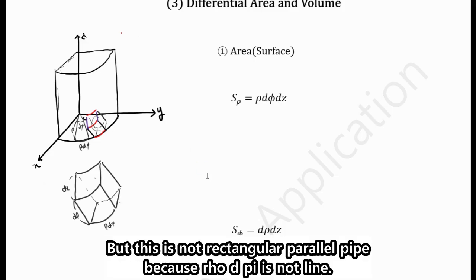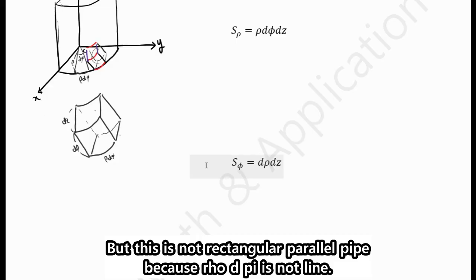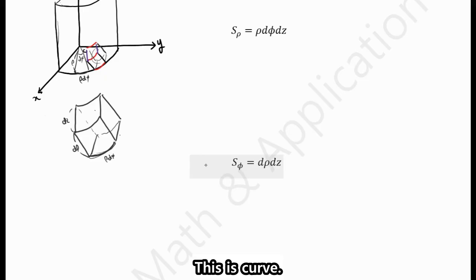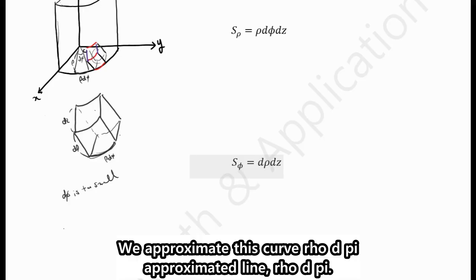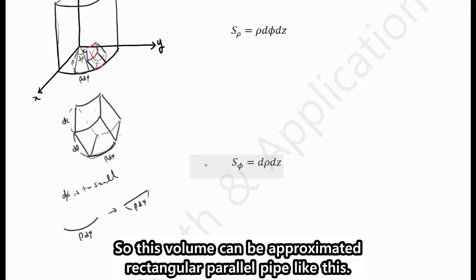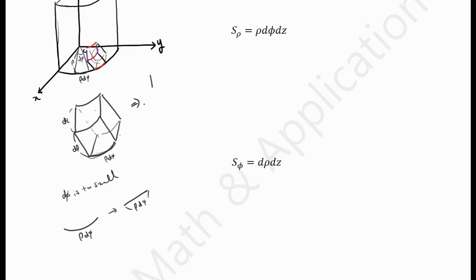But this is not a rectangular parallelepiped, because rho d phi is not a line. This is a curve, but d phi is too small, so we approximate this curve rho d phi as a line. So this volume can be approximated as a rectangular parallelepiped, like this.